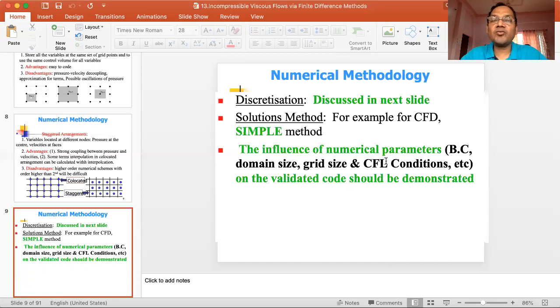To solve it, you cannot solve it by hand. In that case, you have to write a program that we call a code. Once you run it, you may get some debugging errors. Once debugging error is free, your program or code is ready to give you the output. Now that output, how accurate it is, you have to justify. So these are the numerical parameters by which CFD people check their code.